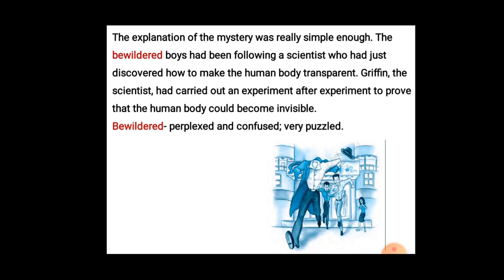The scientist, whose name is Griffin, did many experiments to prove that the human body can be invisible. So it was the result of his experiment that his body disappeared, and those footmarks were created by Griffin when he was walking, but his body was invisible because of his experiment.